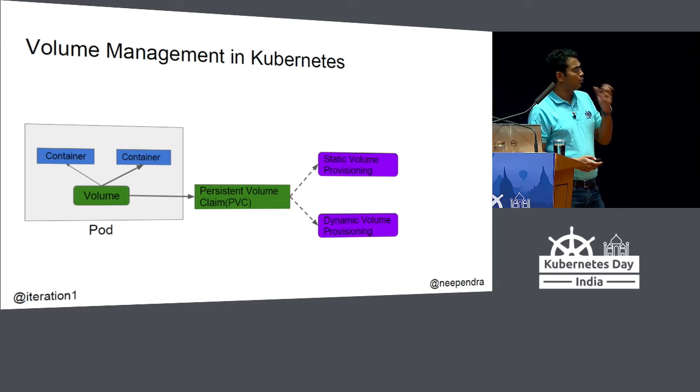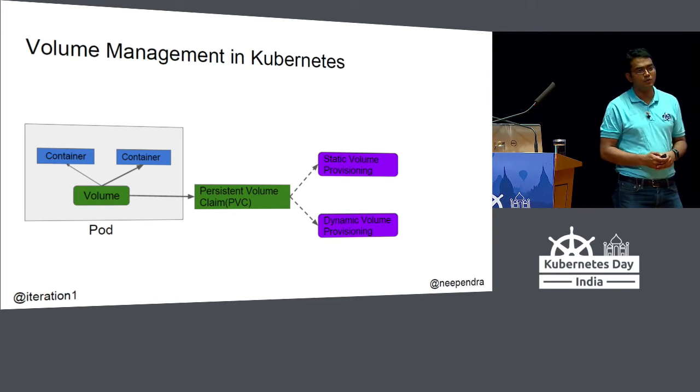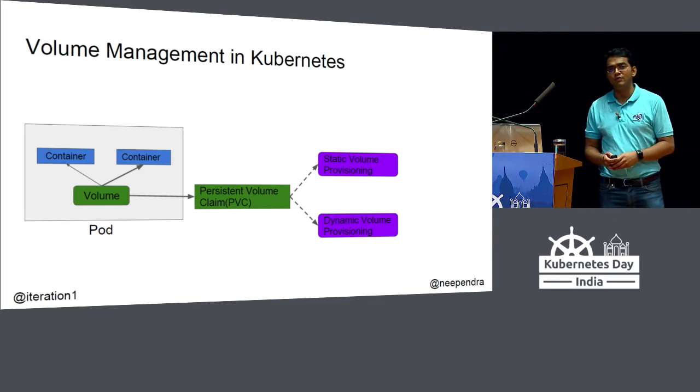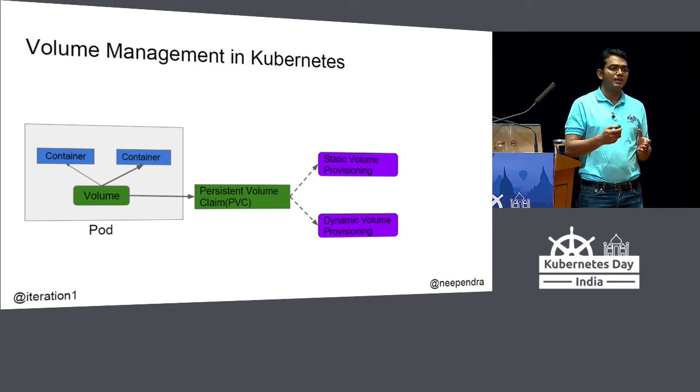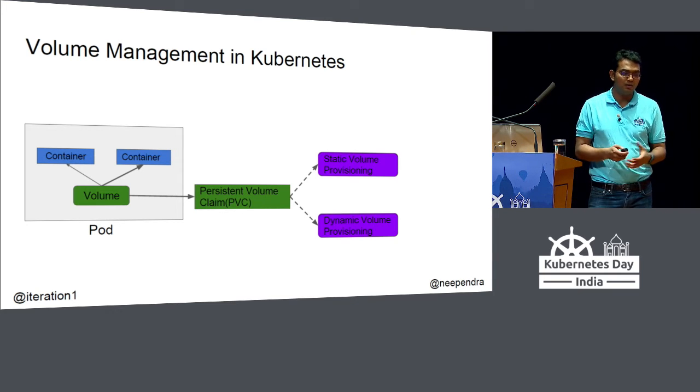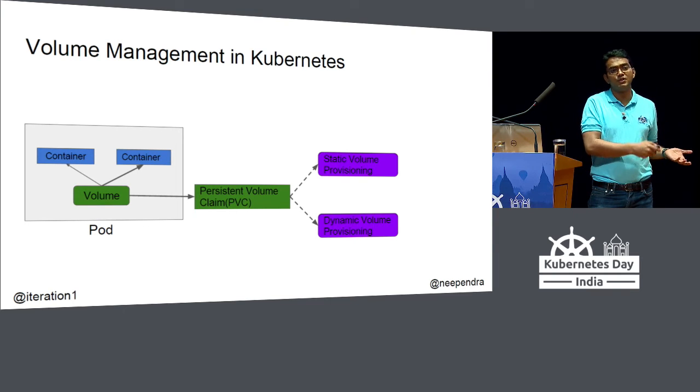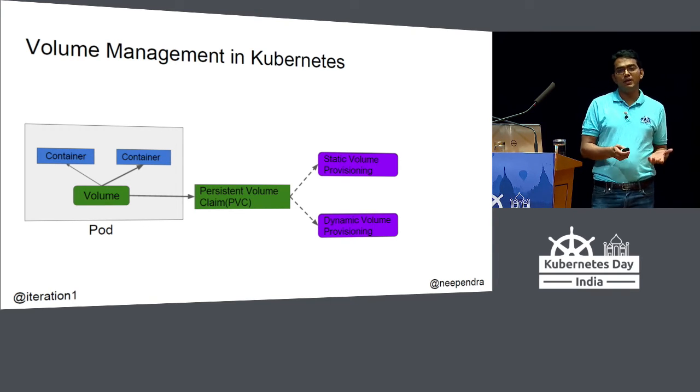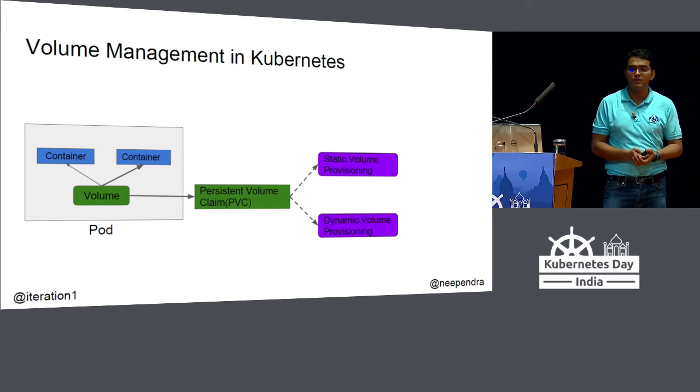And it can come in two ways. One is static volume provisioning, in which the cluster manager or the admin would create the volume manually for you, which the developer is going to consume. That's one way. And the other way is dynamic volume provisioning, where you have a concept of storage class.